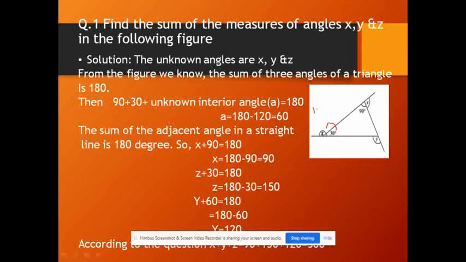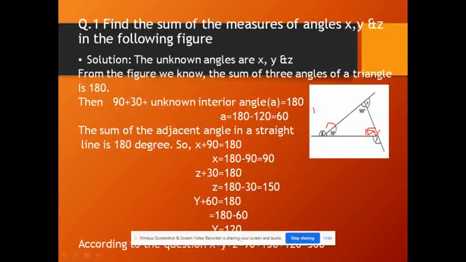Linear pair angles. So, according to the condition, the sum of the three angles of a triangle is 180 degrees. That's why xyz is a triangle. We don't know the value of the adjacent angle of y, so we give it the name A. Now, the sum of three angles of a triangle is 180 degrees.